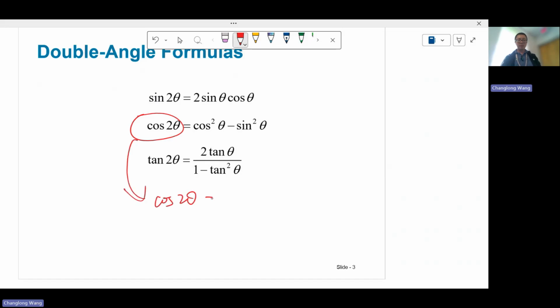Cosine 2 theta could also be written as 2 cosine squared theta minus 1, or if you like sine squared, you can have 1 minus 2 times sine squared theta. Okay.